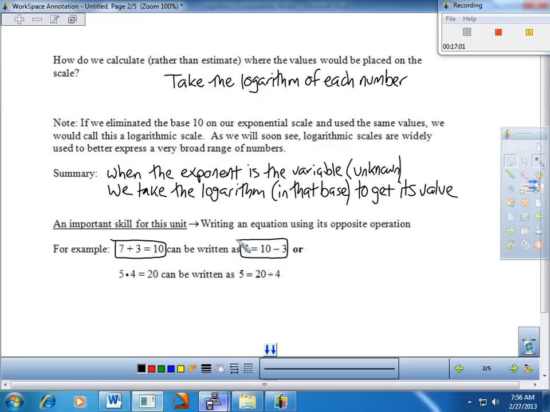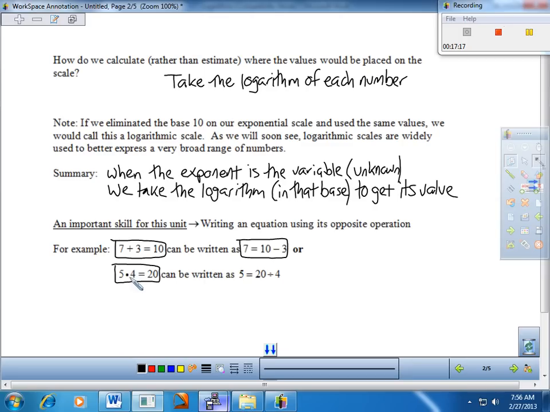So I can write this exact same equation using its opposite operation. Everyone cool with that? Addition, subtraction, two things that mean the exact same. I can also do the same thing with multiplication and division. Bear with me just one moment. There's a reason behind this, of course. You've done this before, where if I move this 4 over to the other side, as soon as it moves beyond the equal sign, it changes to its opposite operation.